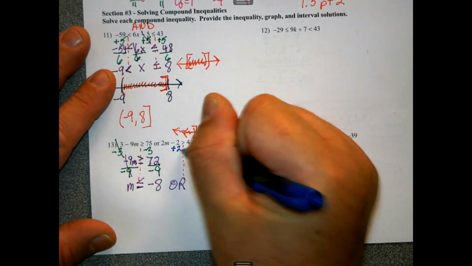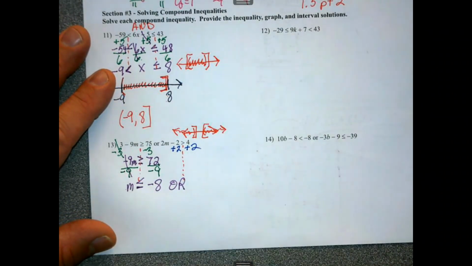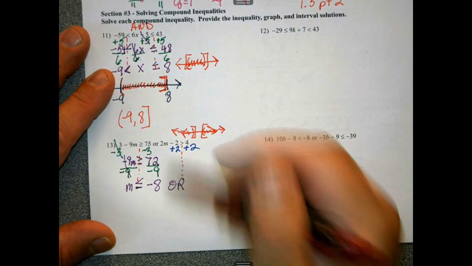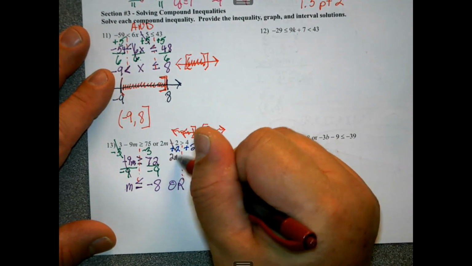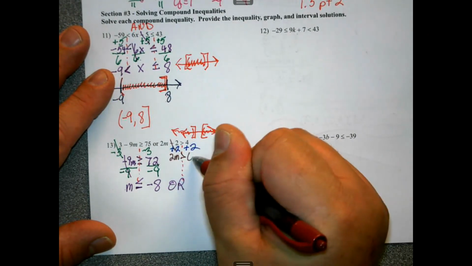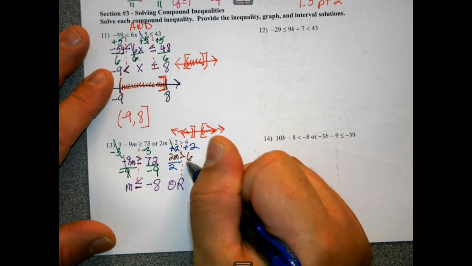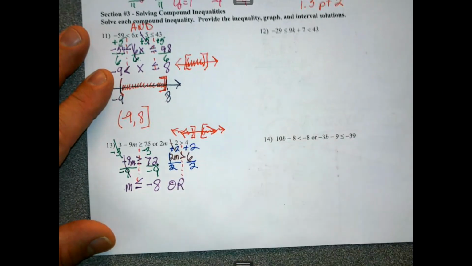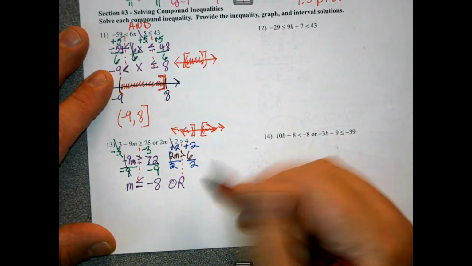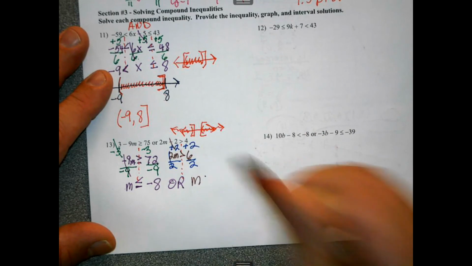Add 2, add 2. I have 2m greater than 6. Divide by 2. Divide by 2. So m is going to be great.